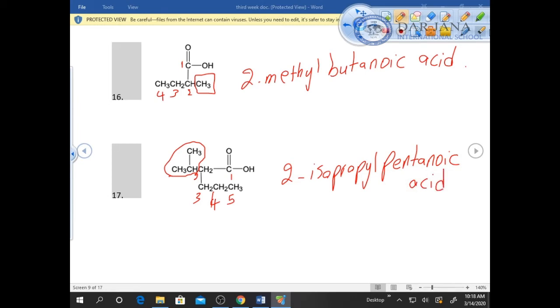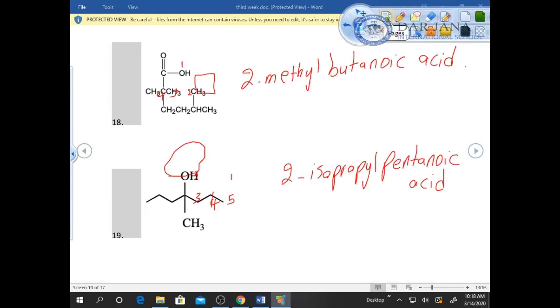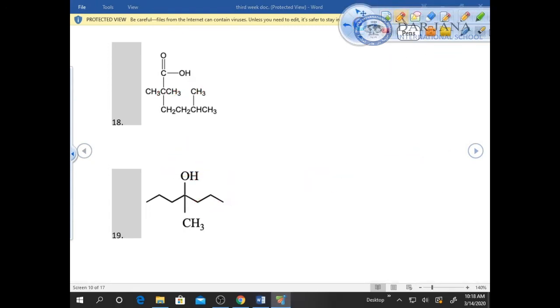Moving to number 18, here we have also a carboxylic acid. I will start numbering from the carbonyl carbon 1, 2, 3, 4, 5, and 6.